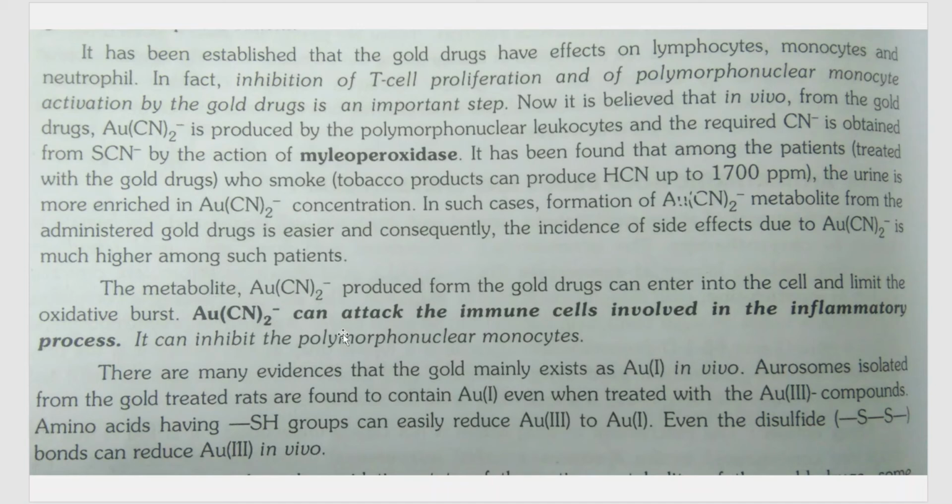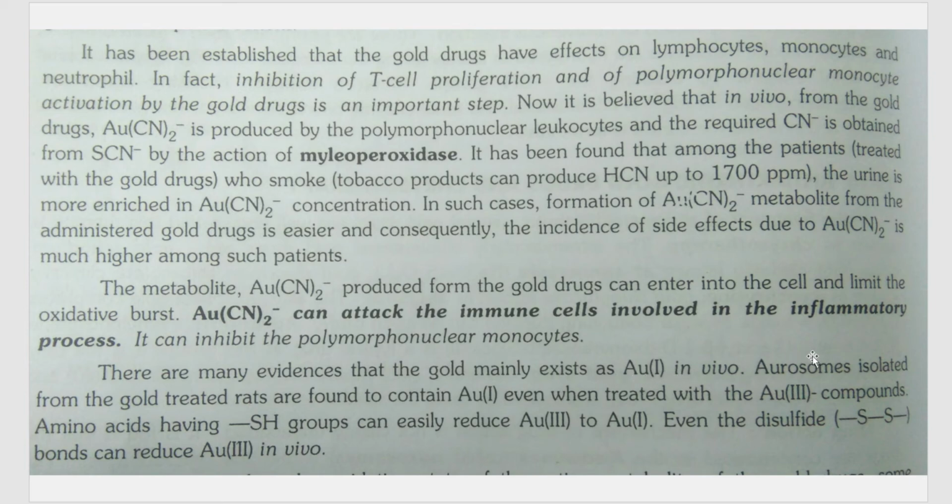What does it do? It attacks the immune cells involved in the inflammatory process, and also it can enter the cell and limit the oxidative burst. So there are certain side effects from this complex formed by gold and cyanide. And one more thing is that in the body, the gold mainly exists in the +1 oxidation state.